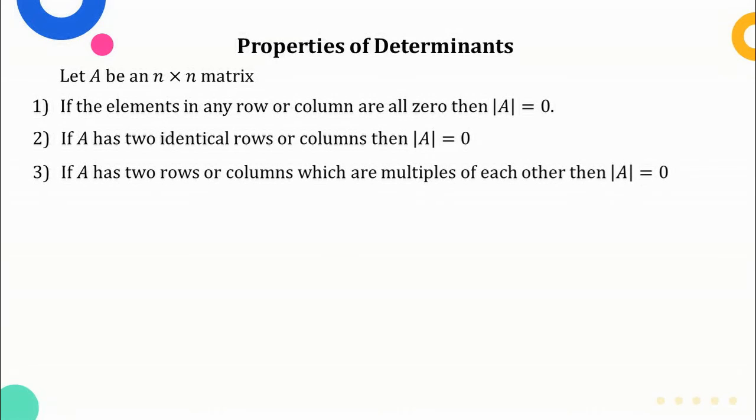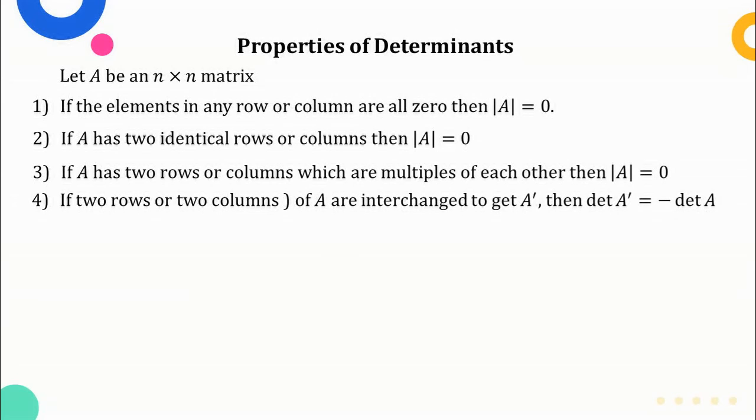If A has 2 rows or 2 columns which are multiples of each other, then determinant A equals 0. Or you can say if 2 rows or 2 columns of A are interchanged to get a new matrix, then the determinant of the new matrix is equal to minus determinant A.